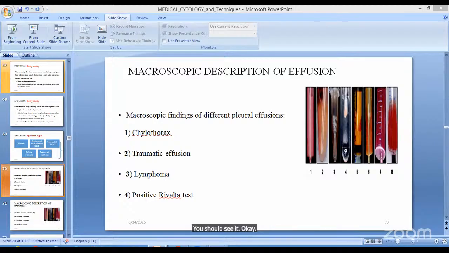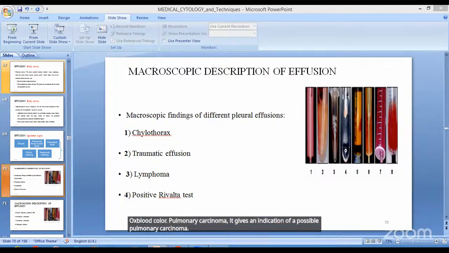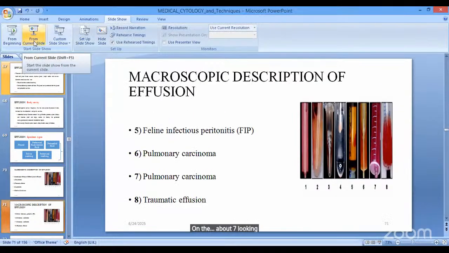Okay, so number six, you can see that color, ox blood color, pulmonary carcinoma. It gives an indication of a possible pulmonary carcinoma. And number seven, looking like chocolate, too, pulmonary carcinoma.